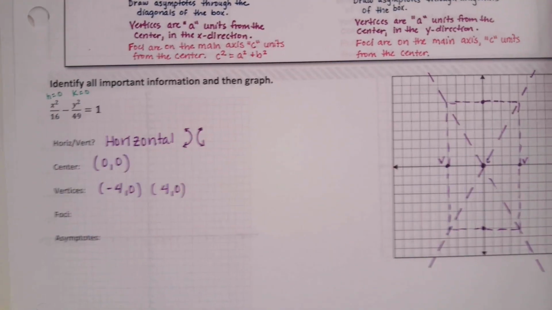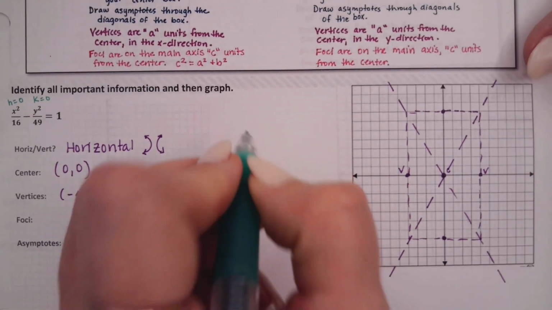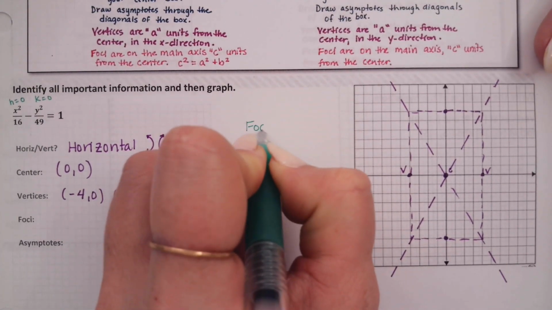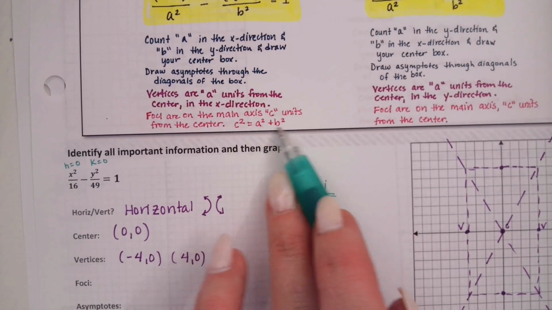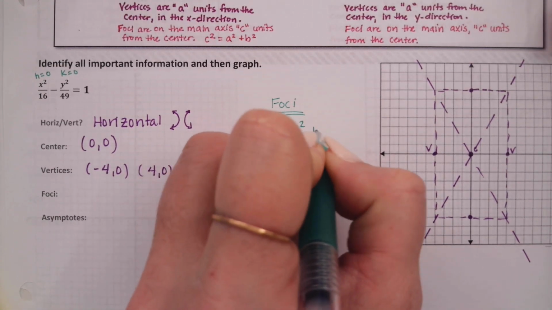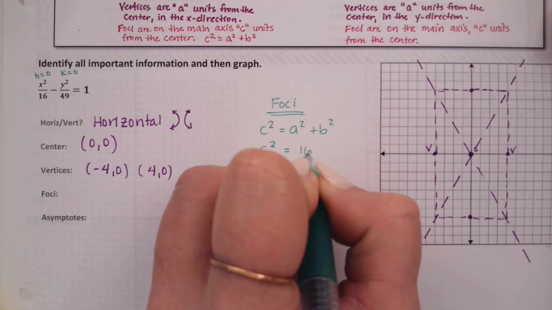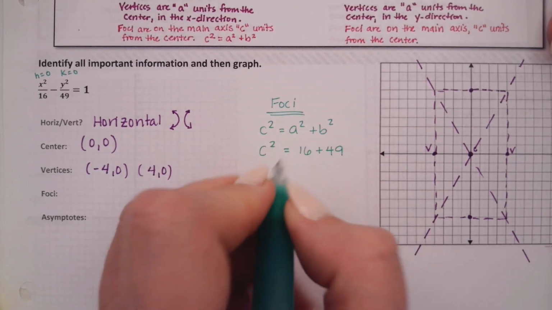My two foci, I haven't actually drawn them in yet, so I'm going to start by finding that focal length, which is my c. So again, our formula is c squared equals a squared plus b squared, which basically adds my two denominators, 16 plus 49.